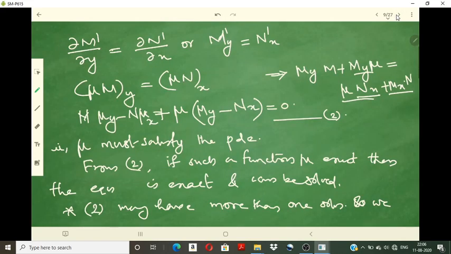Then we can solve it again by the method of exact equations. If the given equation is not exact but can be made exact by multiplying it by a function mu of x and y, such a function is called an integrating factor.